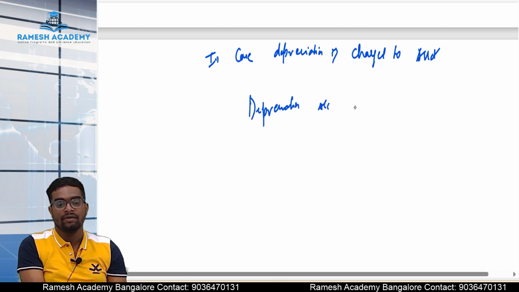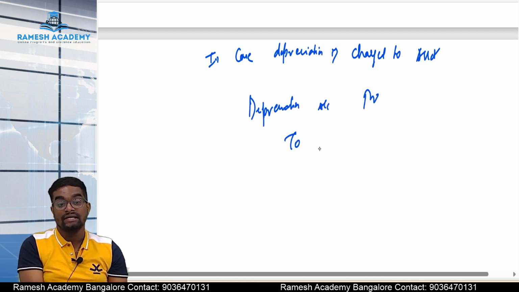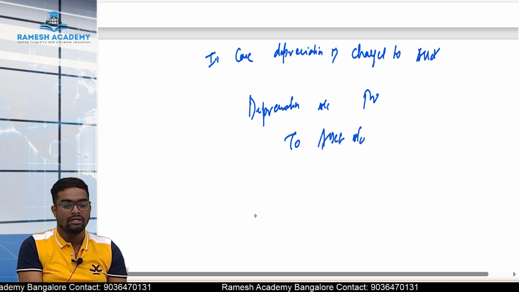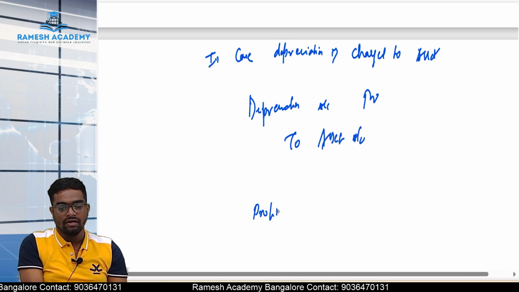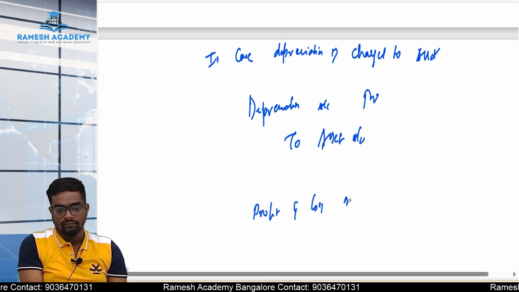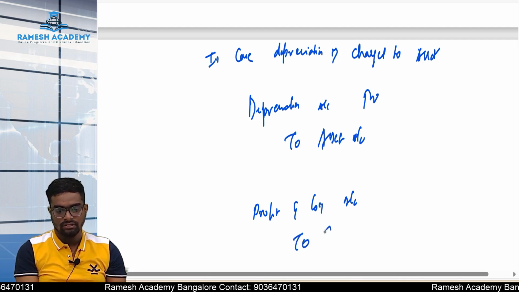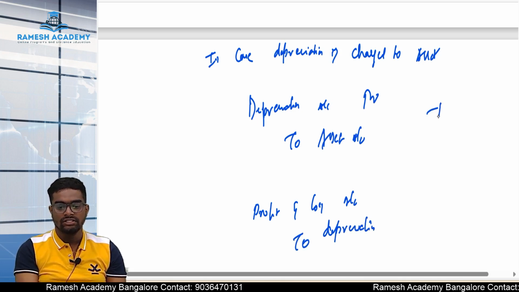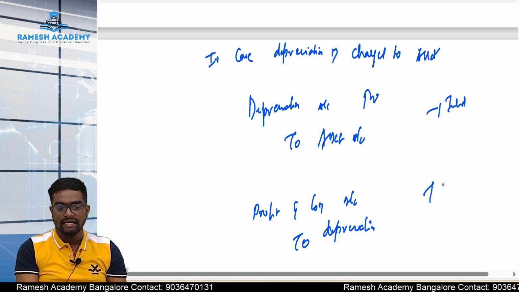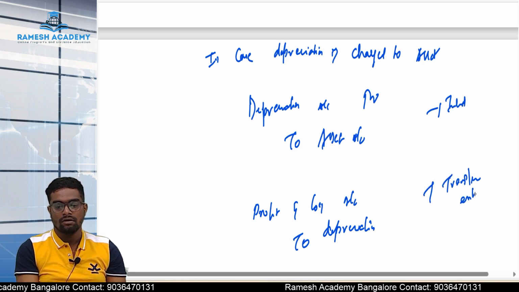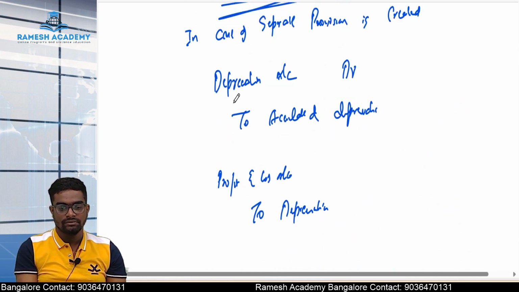So depreciation is a nominal expense. Asset is a debit balance, so if you want to reduce the asset, you have to credit it. So to asset account, and this will be transferred to profit and loss account. Same, profit and loss account to depreciation. So this is the initial entry, and this is the transfer entry, which means depreciation is transferred to profit and loss account. Okay, please note down.